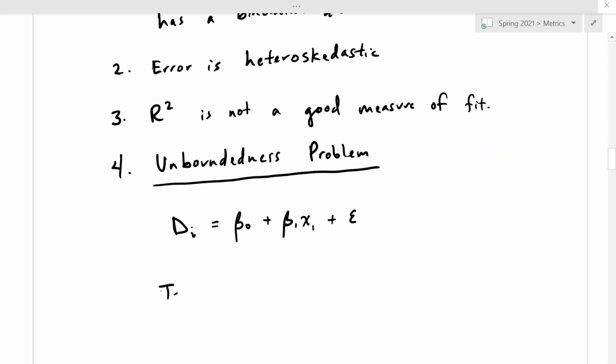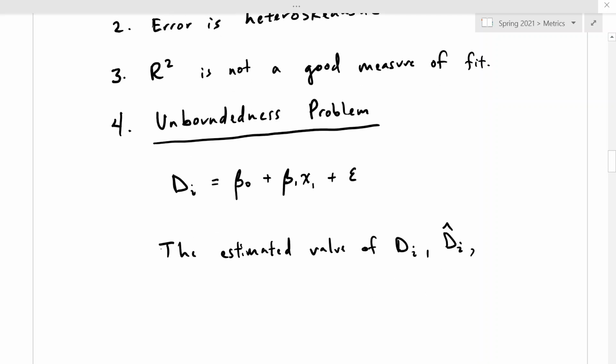So the estimated value of di, which is going to be di hat, which is a probability, is not necessarily bounded by 0 and 1.